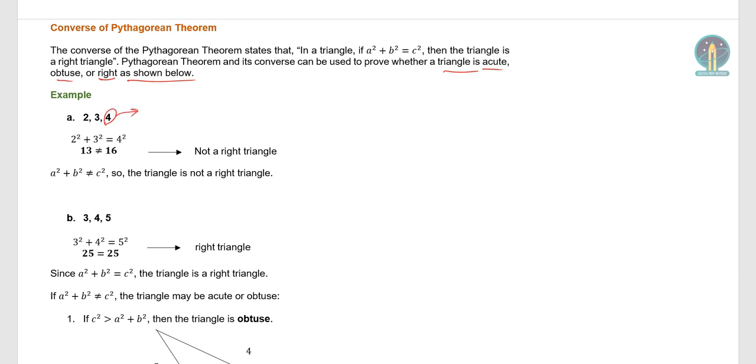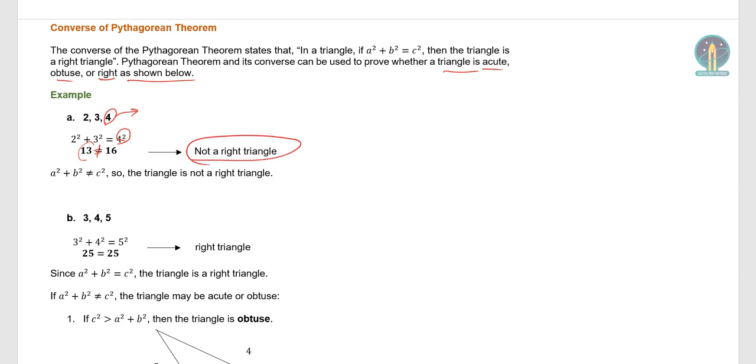Because the hypotenuse is going to be larger than the other two sides. So then we'll say 4 squared is 16, and then we'll test the other two. So 2 squared plus 3 squared is 4 plus 9, which is 13, which is not equal to 16. So this is not a right triangle.